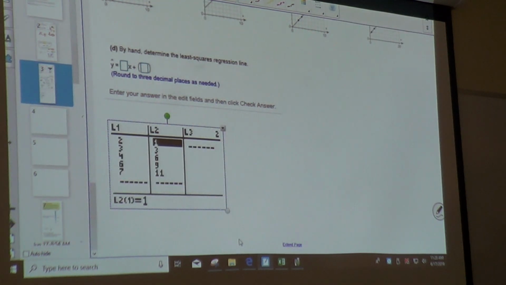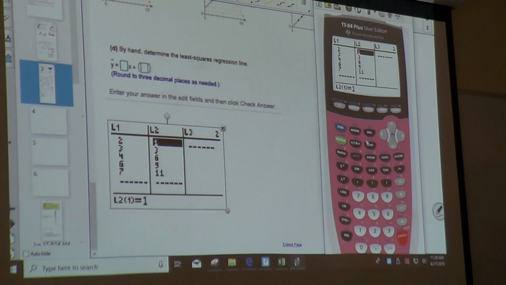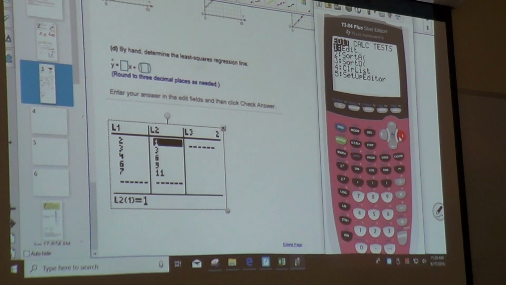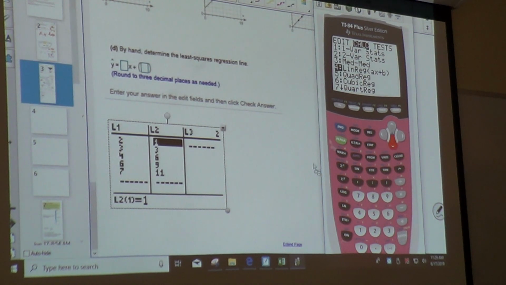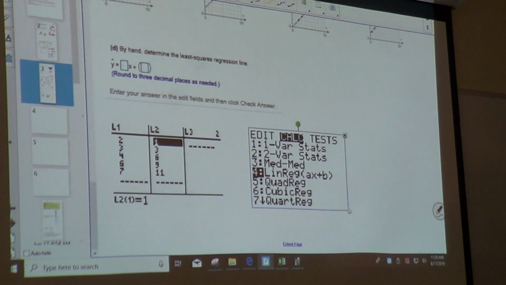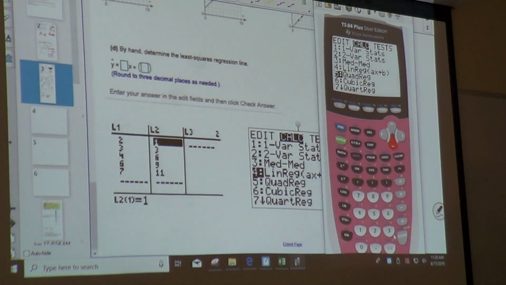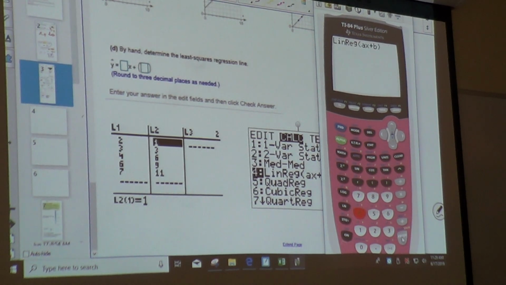We didn't do anything different. So we're going to do stat, calc, just so that you can see what I'm doing. And then enter. Oops, hit the wrong one. Stat, calc, number 4. Oh, I haven't got my diagnostic on.